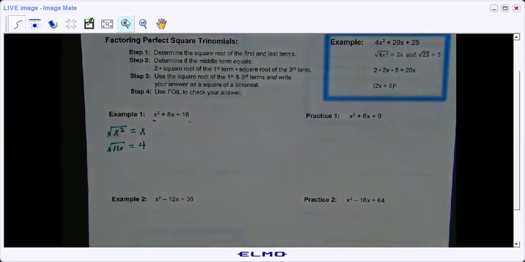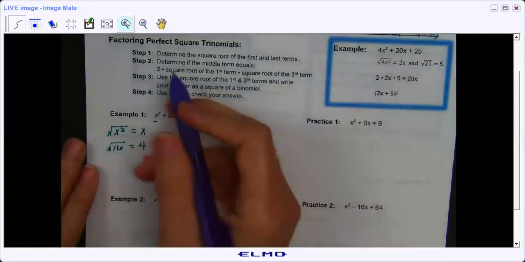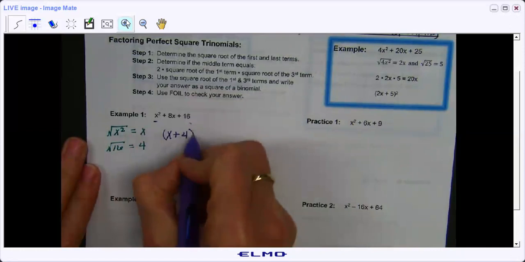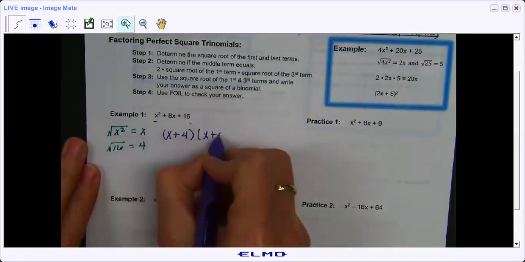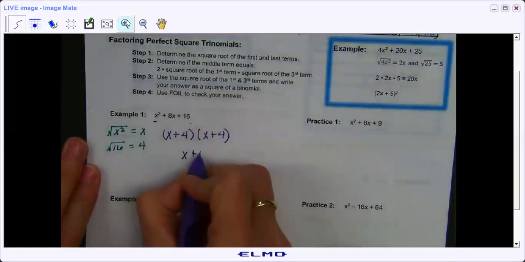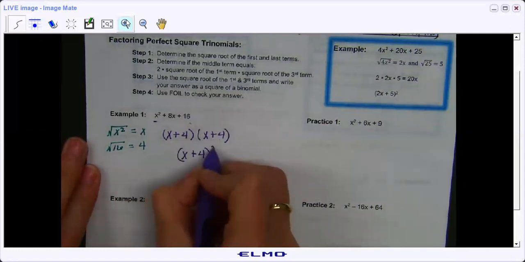And what I could do with that is write this out as x plus 4 times x plus 4, or x plus 4 squared.